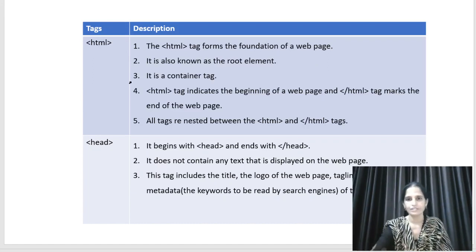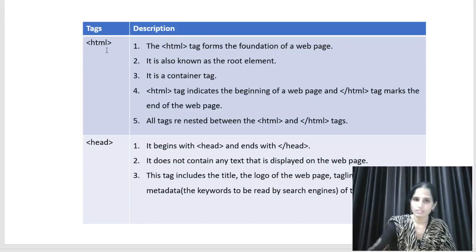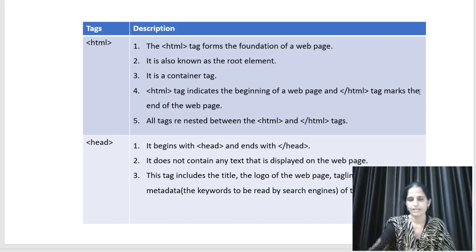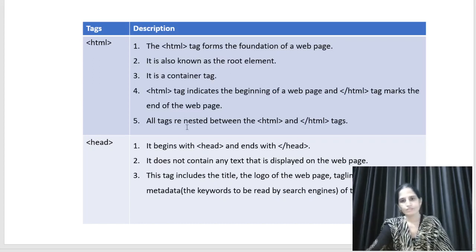HTML is the main tag. HTML is the starting tag of your web page. It is called a container tag. And what do you mean by the container tag? It means you can start the HTML tag as well as you can end the HTML tag also. The HTML tag indicates the beginning of a web page, and the close HTML tag marks the end of the web page. All tags are nested between the HTML and HTML close.